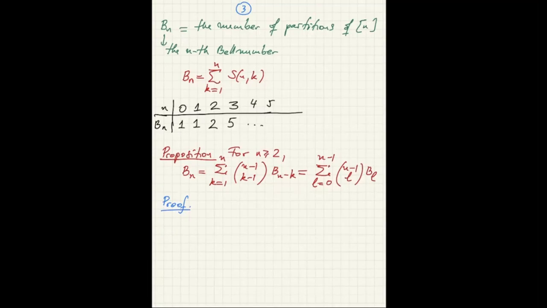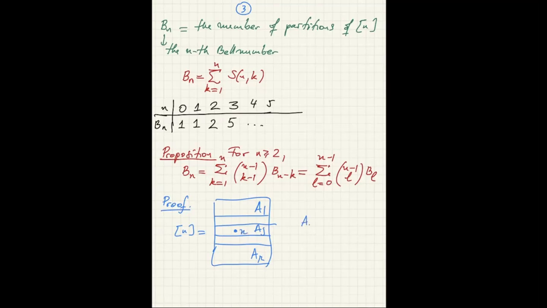So when we calculate Bn, we look at the partition. We have our set n, and let's write it as a partition into some kind of sets, A1, A2, ..., AR. And now one of these sets contains the element n. Let's say the element n is in AJ.